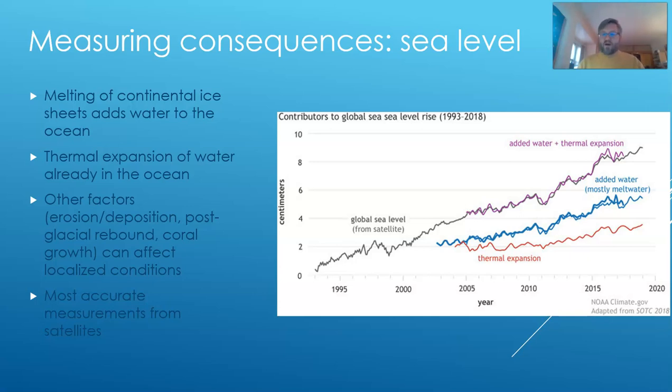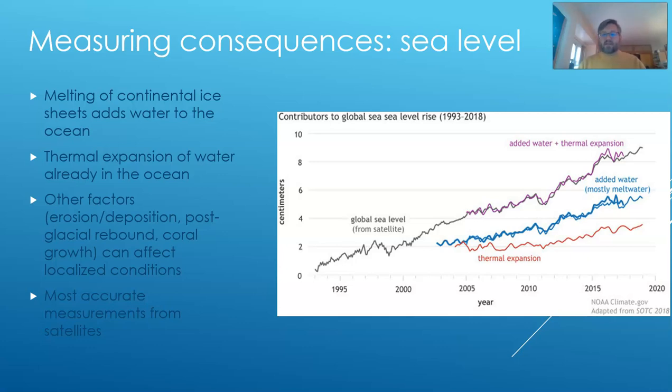You can see that added water is contributing about half again as much as thermal expansion, but the thermal expansion is making up a pretty significant portion of our sea level rise. So you want to remember that it's a combination of melting glaciers and expansion of the water already in the ocean that contribute to our sea level rise.